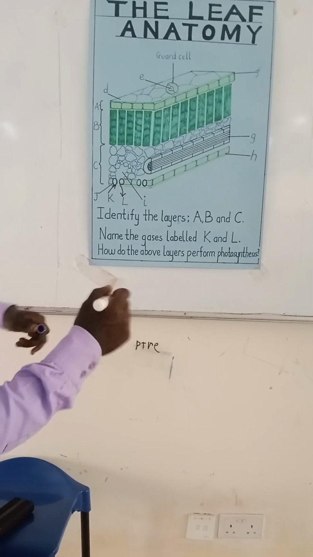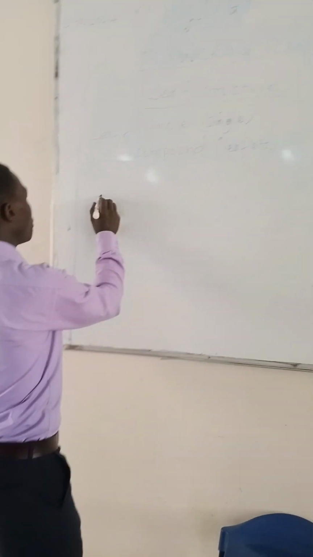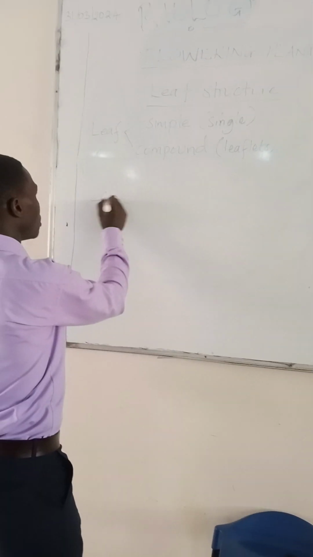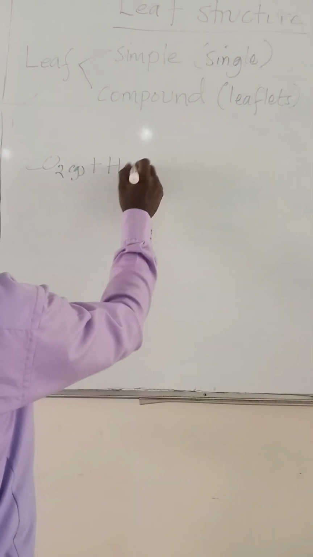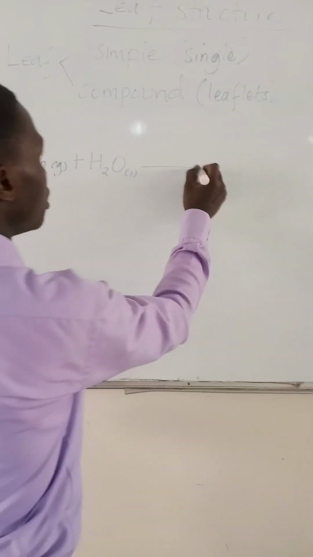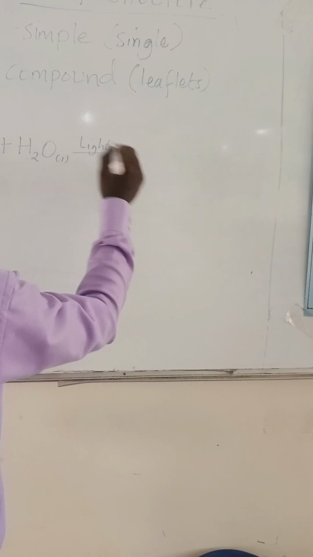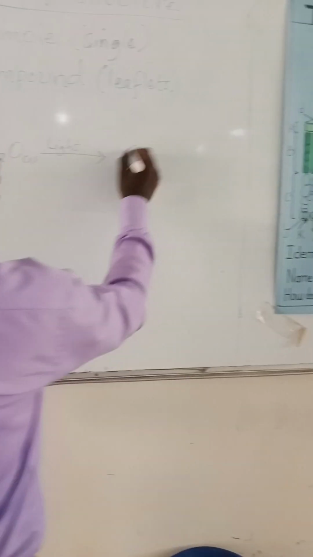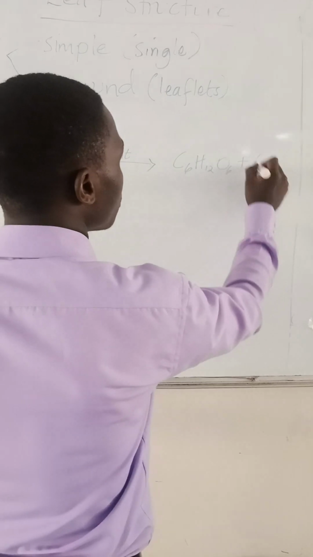As we know the equation for photosynthesis, we use carbon dioxide, which is a gas, plus water, which is a liquid, in the presence of light. We form our glucose plus oxygen.